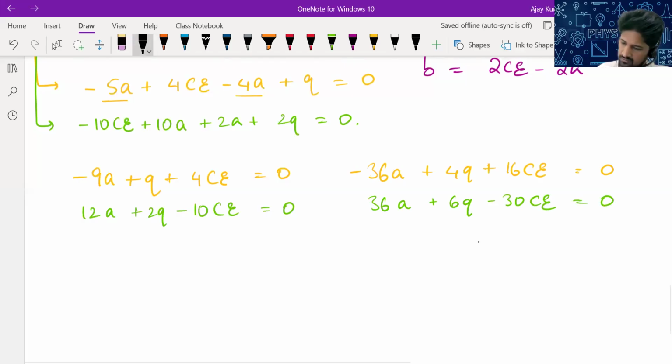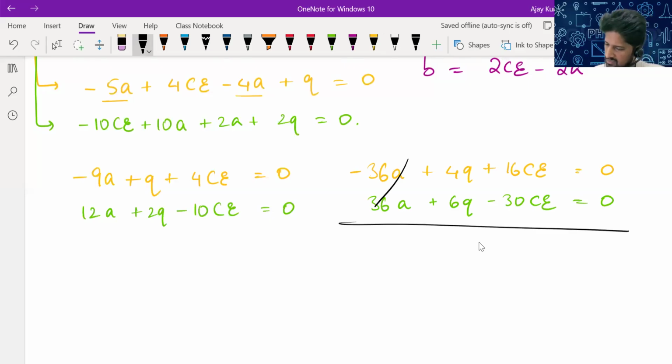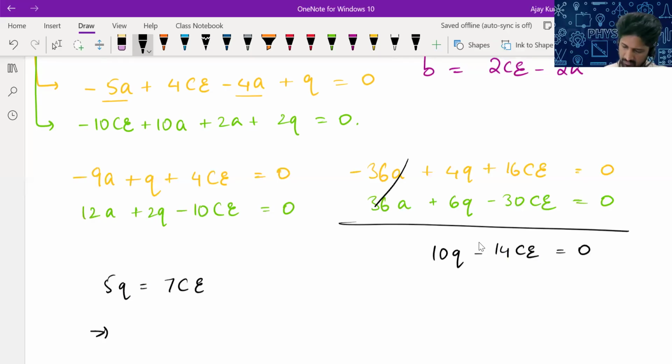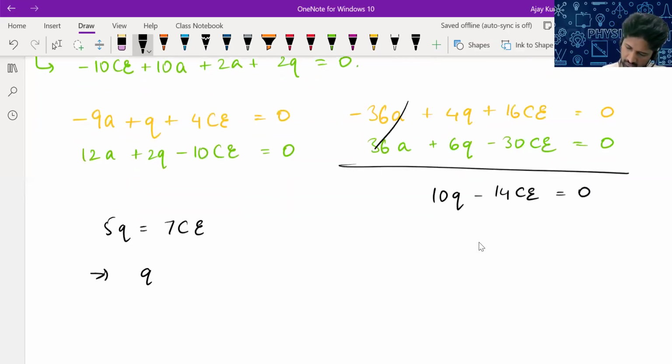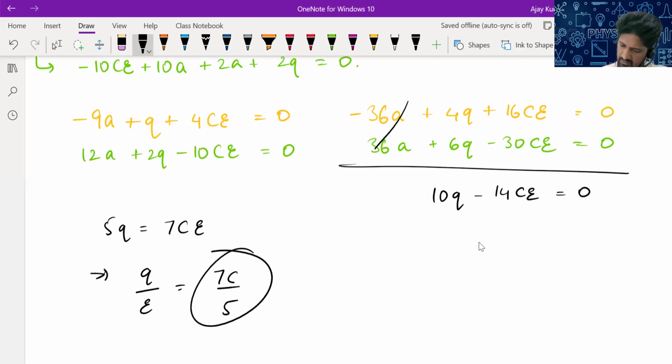Add these equations now. 4 plus 6, 10Q minus 14CE is equal to 0. So you get 5Q is equal to 7CE. That means Q by E is 7C by 5. And that becomes the effective capacitance of this network.